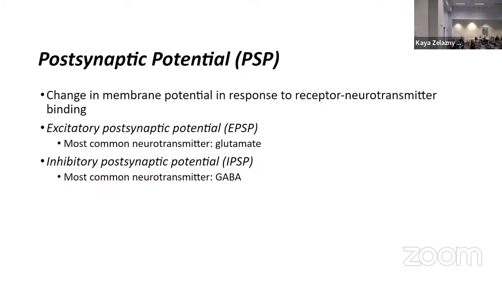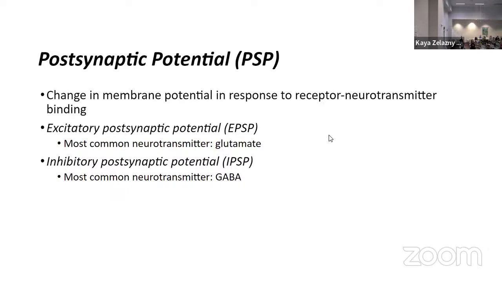There are lots and lots of neurotransmitters in your brain, in your body. Their effects can be different depending on what cell they're talking to, what cell is receiving that signal, but we can make some generalizations. So our most common neurotransmitter that's related to excitatory postsynaptic potentials is a neurotransmitter called glutamate.